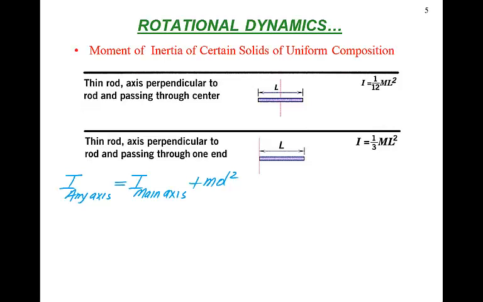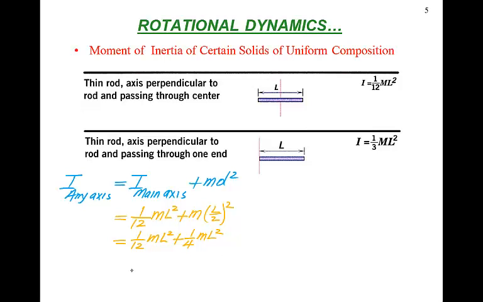In the case of the rod, we have the moment of inertia about an axis that is passing through one end equals the moment of inertia about the main axis, which is 1/12 times ml squared, plus the total mass times how far the extreme end is from the center of mass, which is L over 2. Make sure you square it. This expression can be simplified to 1/12 ml squared plus 1/4 ml squared.